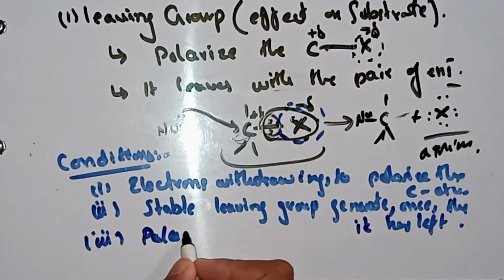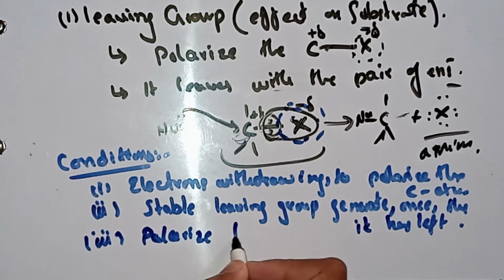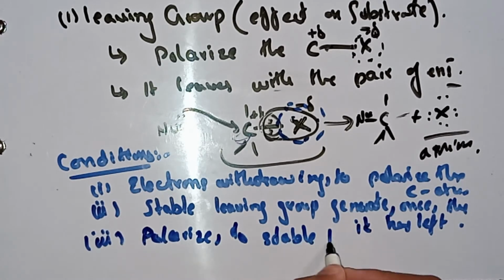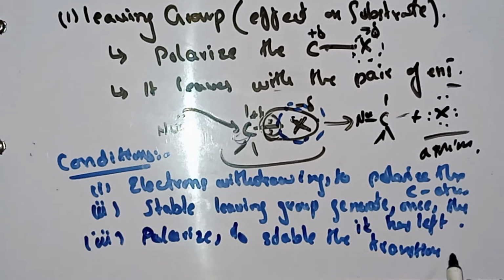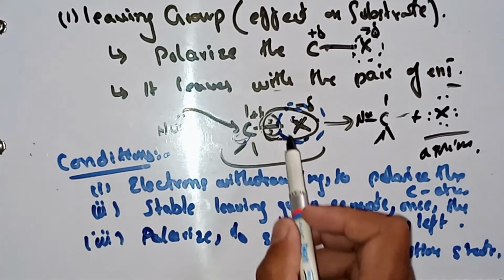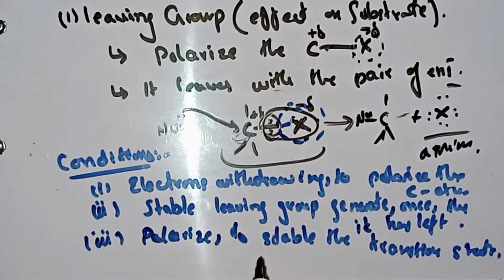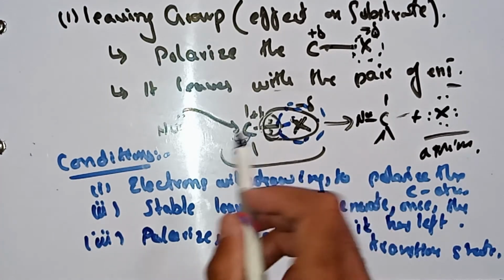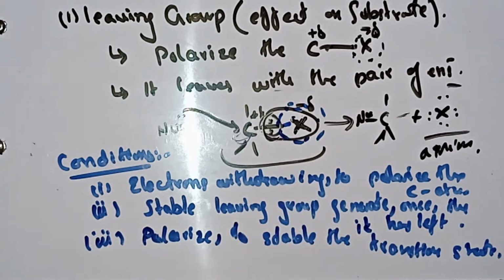It is also a property of a good leaving group: polarized to stabilize the transition state. A good leaving group is one that can polarize the bond between carbon and the leaving group.